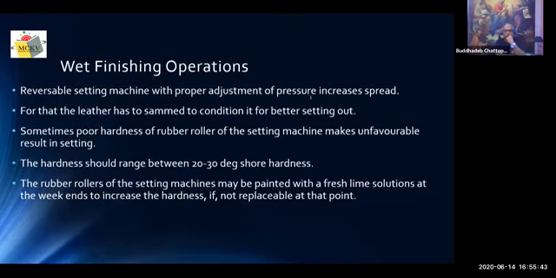And prior to that, it must be sammed to condition it for better setting out. It so happens that sometimes poor hardness of the rubber roller of the setting machine gives an unfavorable result in setting. The hardness of the rubber roller should vary between 20 to 30 degrees Shore hardness.